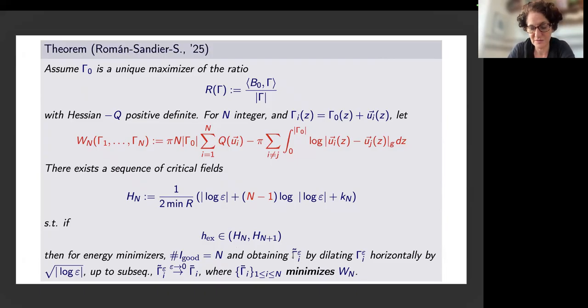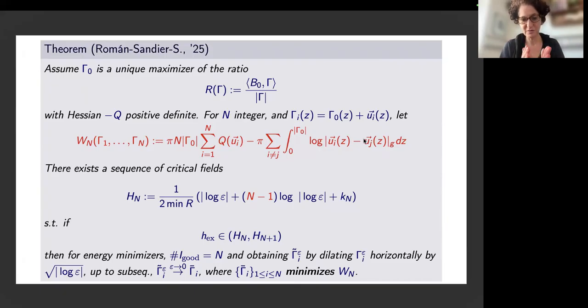And if you take these polyhedral approximations, gamma I, and you rescale them horizontally by the right factor, which is square root of log, then they will converge to curves which minimize this particular Wn. Okay, so if you want to see this, there's a limit problem, which is a geometric problem that contains these interactions between these curves, logarithmic repulsion plus magnetic length effect.